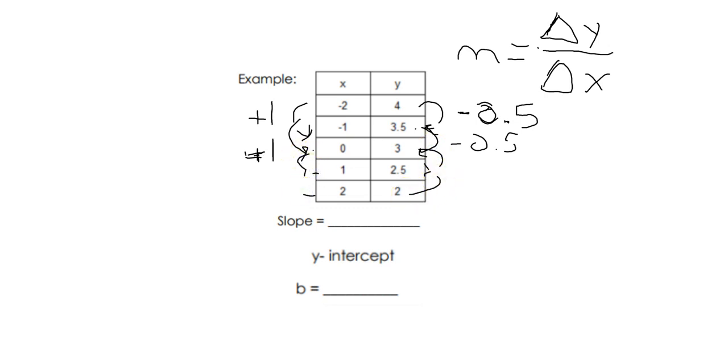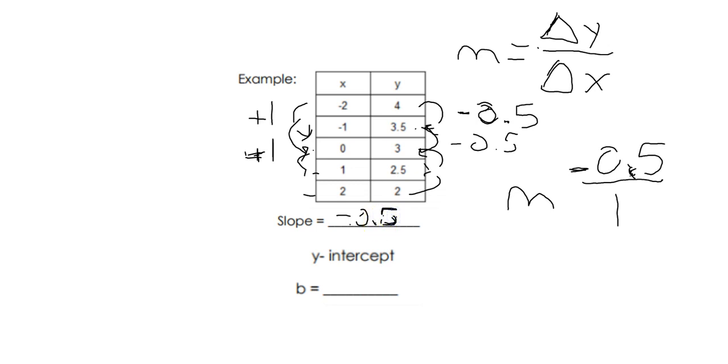So I can say that my change in y is going to be -0.5. My change in x is going to be 1. So my slope is -0.5 divided by 1, or just -0.5, or negative 1/2.